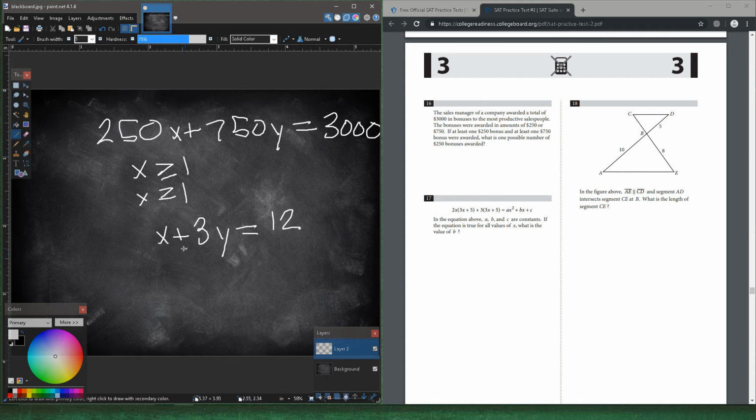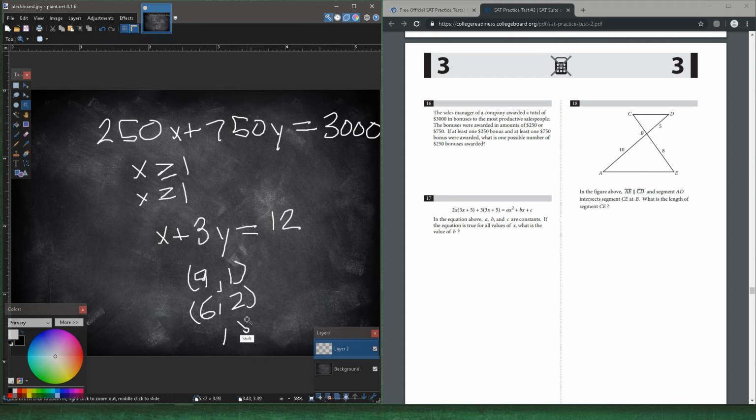So if y is equal to 1, then that makes 3, so 12 minus 3 is 9. So x equals 9. If y is equal to 2, that makes 6 here.